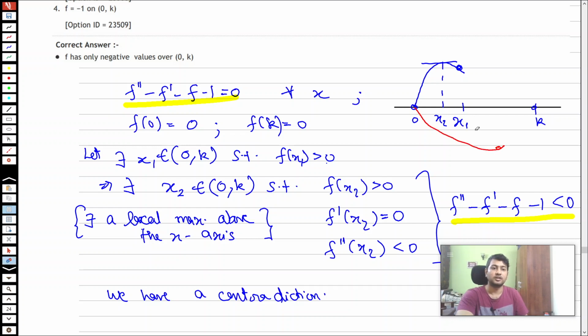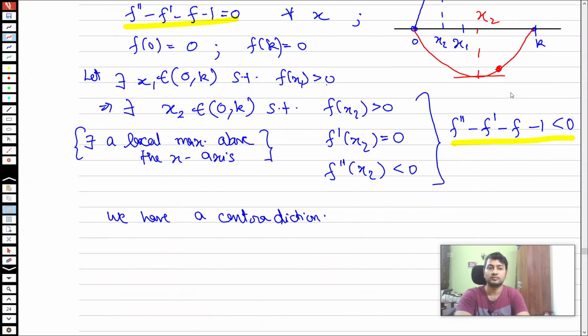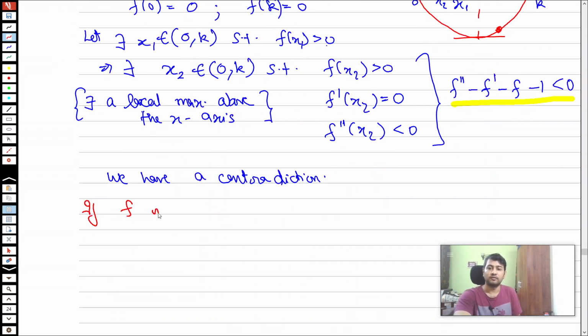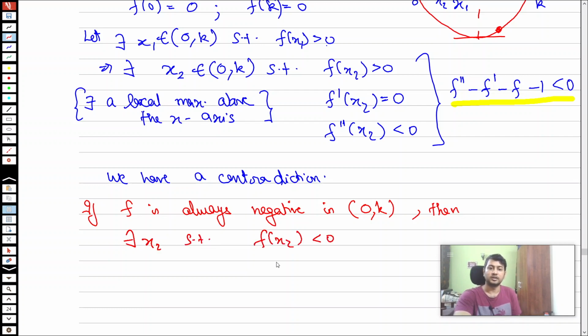All I can say for sure is that if f is always negative in (0, k), then there exists a point x2 such that f of x2 is negative, f prime of x2 is equal to 0 and f double prime of x2 is positive.